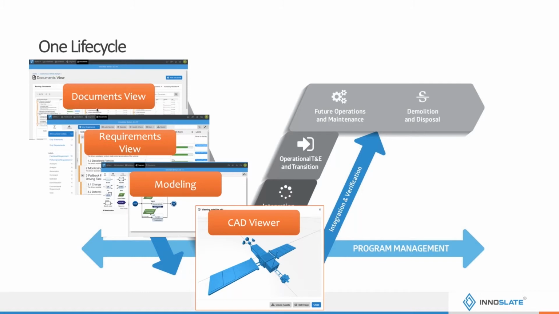CAD Viewer. So CAD Viewer was one of our first attempts at integrating design engineering results back into the systems engineering tool. So you often will create a specification through the first part of the V process, and you hand that off to your mechanical designers, and they start building their CAD drawings.